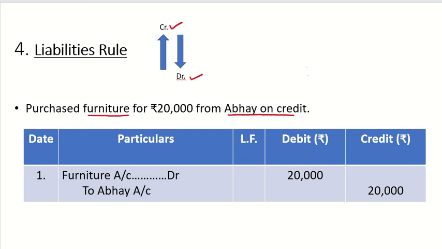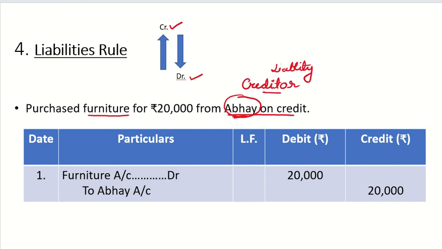It means they are purchasing the furniture, but they are not paying the money to Abhay. If the money is not paid to a person, this person is known as a creditor. So a creditor means what? It's a liability.